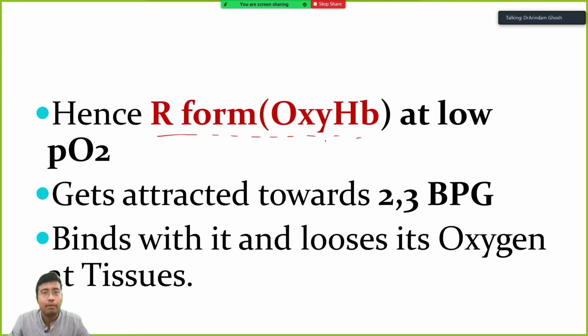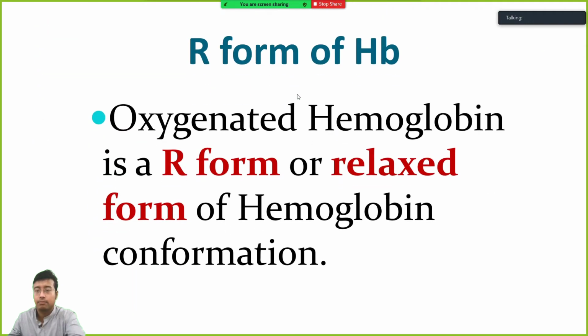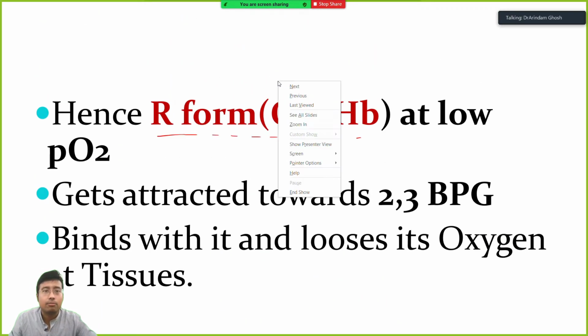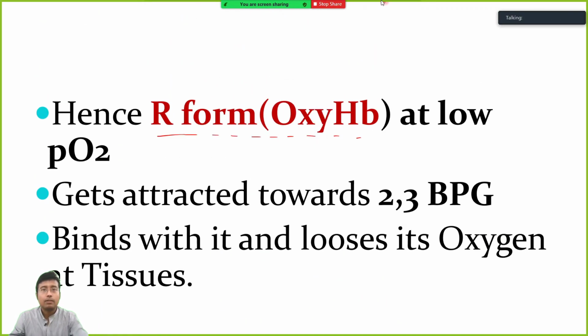Okay, you get my point? So when the whole molecule of oxygen is lost, it finally attains the T form. But when it is loaded with oxygen, whenever there is oxygen, it is R form. Okay. So whenever oxygen is there, it is the R form.